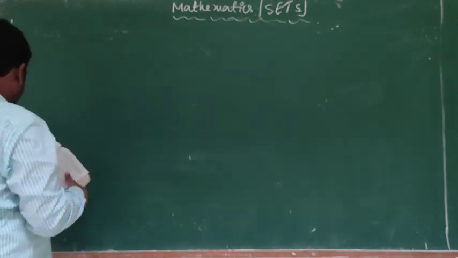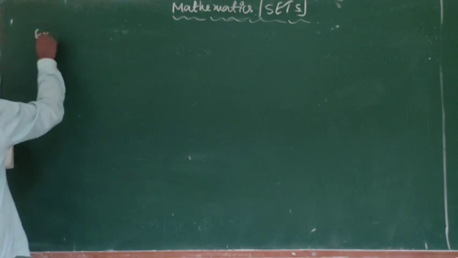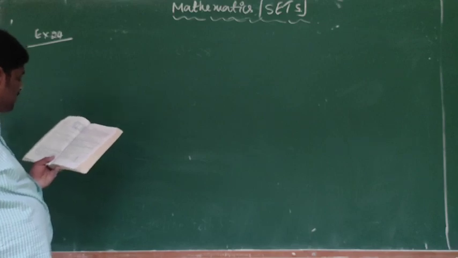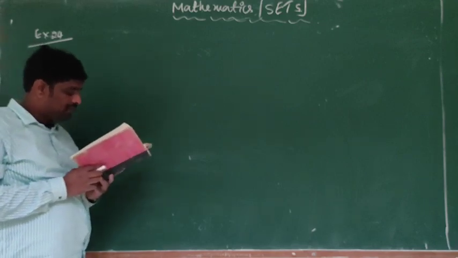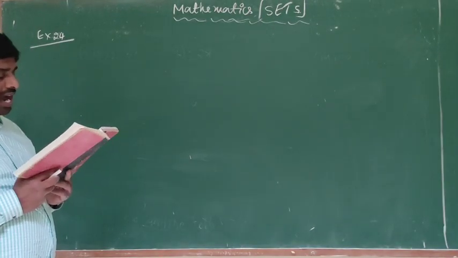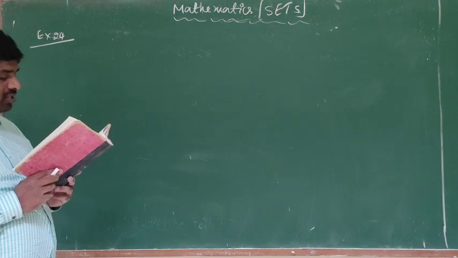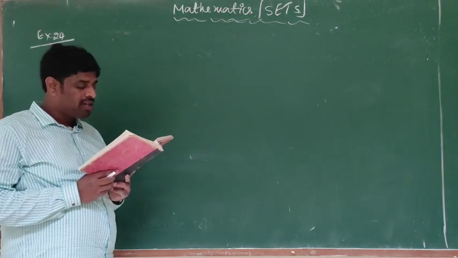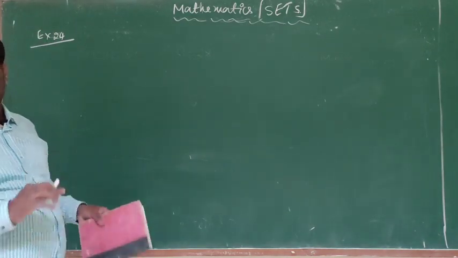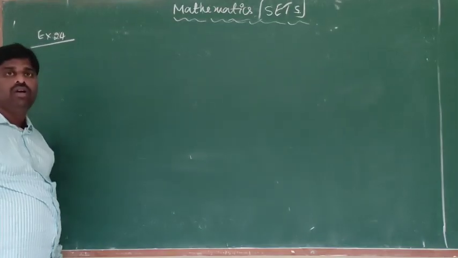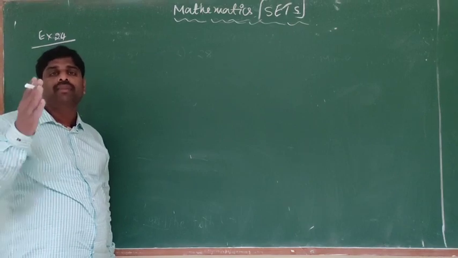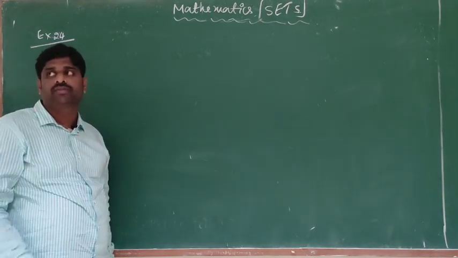Example 24. In a school, there are 20 teachers who teach mathematics or physics, and of these 12 teach mathematics, 4 teach both physics and mathematics. How many teach physics? So here in a school 20 people can teach mathematics or physics.